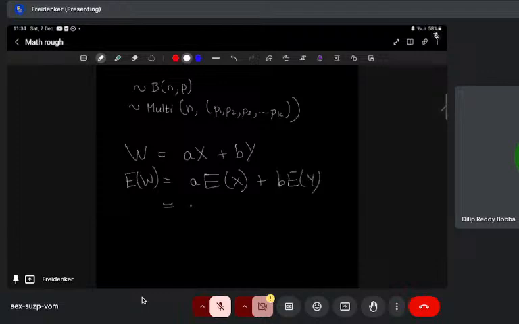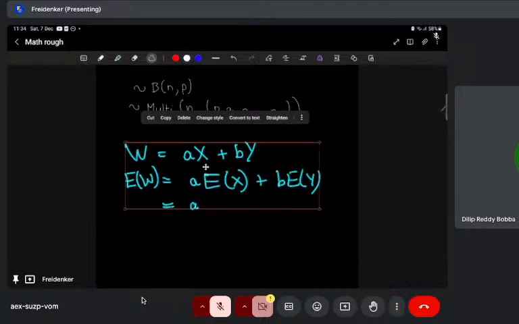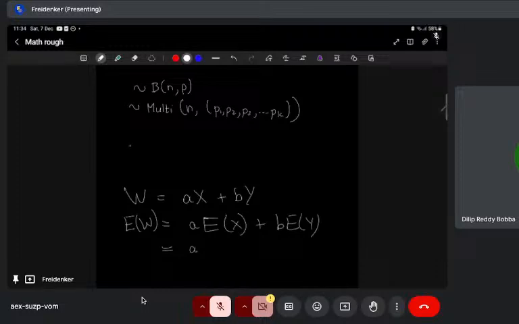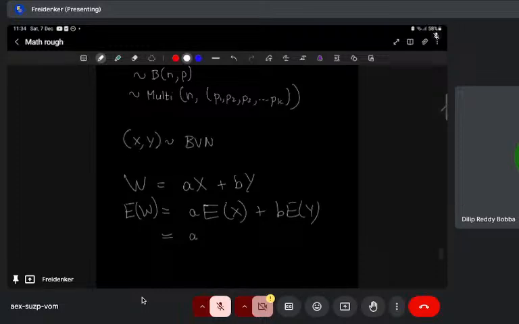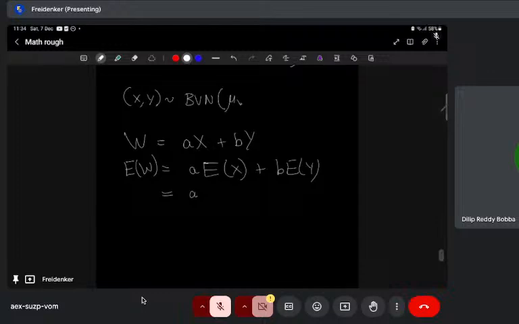Expectation of x is mu x, because we know that x and y follow a bivariate normal distribution with parameters mu x, mu y, sigma square y, and then rho. So this is mu x and this is mu y.